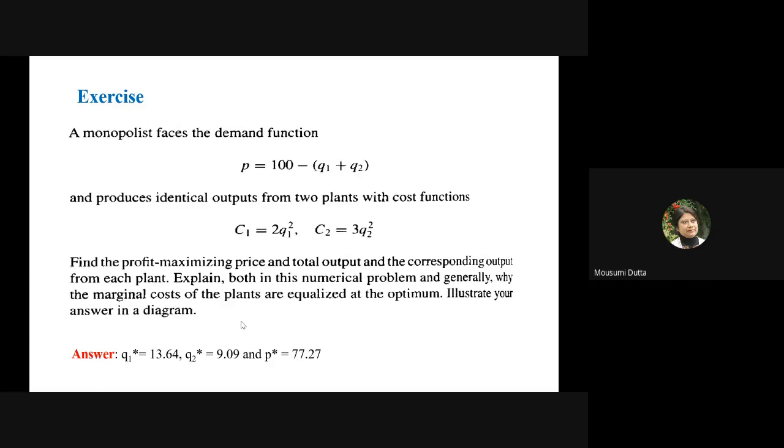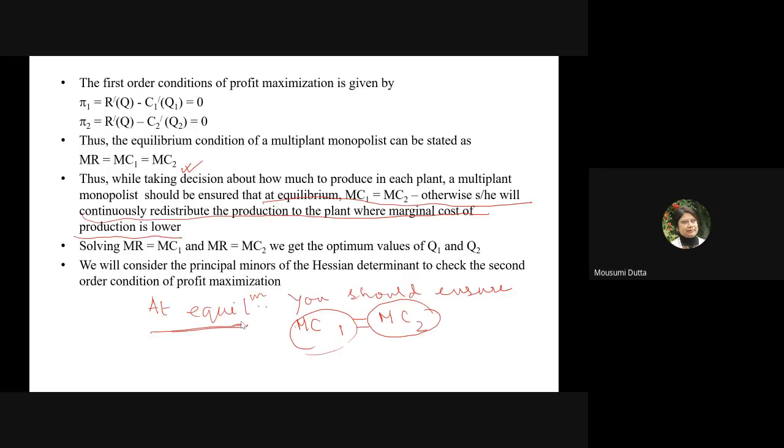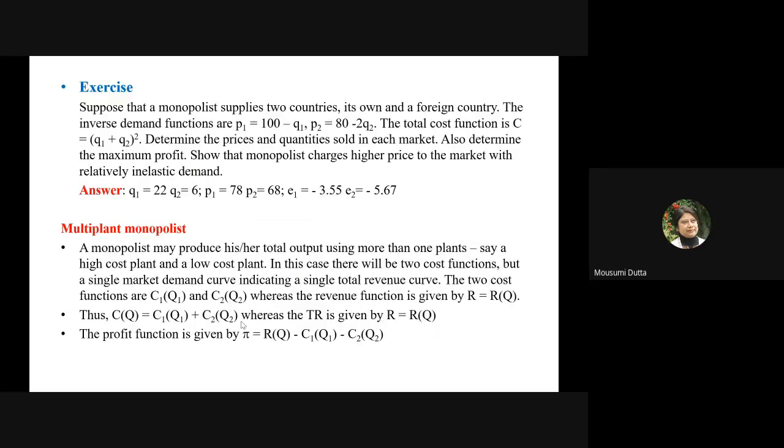The cost equation for plant 2 is given by C2 is equal to 3Q2 square. So please write down the profit equation. Pi is equal to revenue minus C1 minus C2.